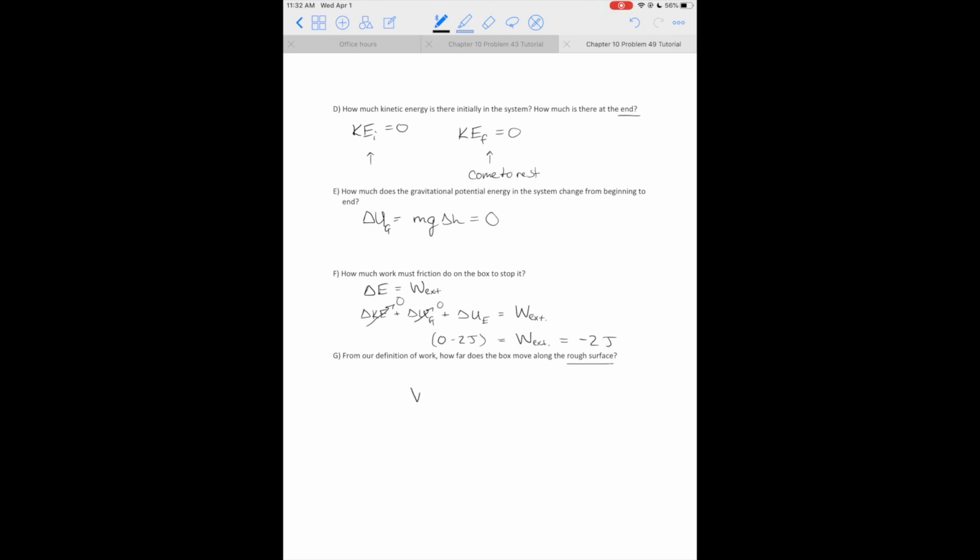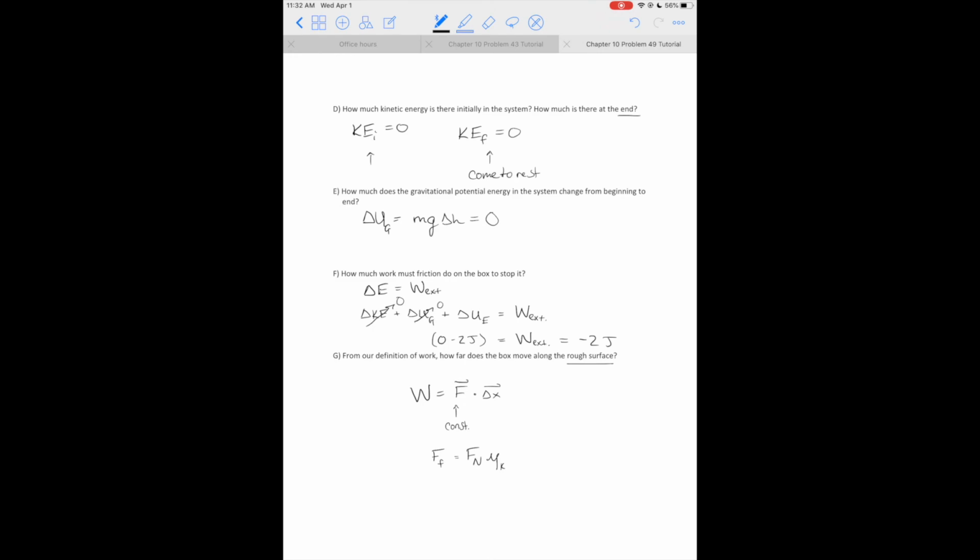If I think about my work done, I have some force dotted with some displacement, if and only if this force is constant. If we think about friction force, though, as long as I'm not changing my normal force, friction force is always equal to Fn times mu k when I'm thinking about kinetic friction. So Fn is not changing.